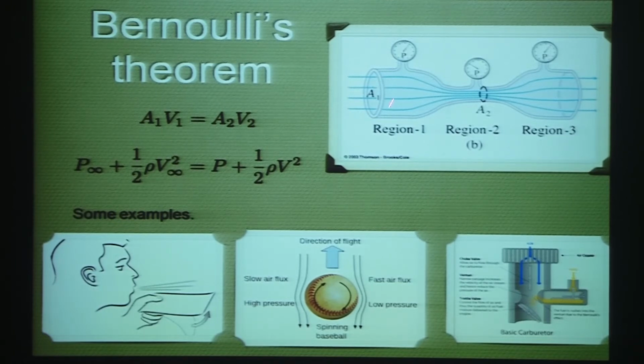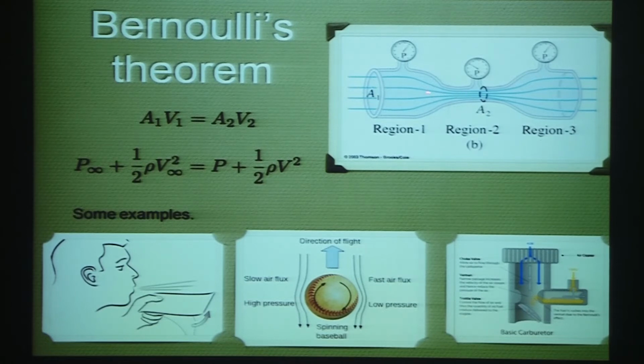Along with the continuity equation, which says that the area A1 multiplied by the velocity V1 must equal the area A2 multiplied by the velocity V2, this is true for an incompressible fluid, and for practical purposes we can treat the fluid as incompressible. Because it is a narrow path here, the speed goes up.